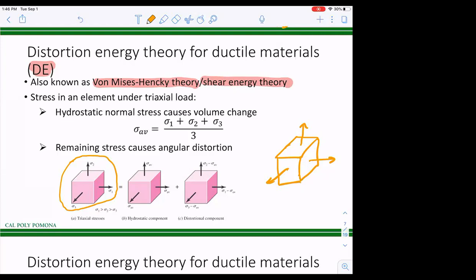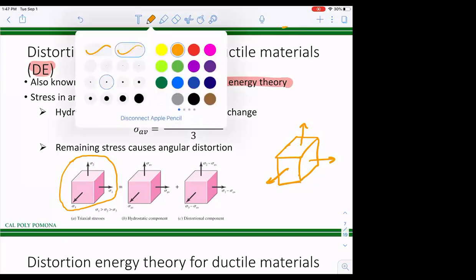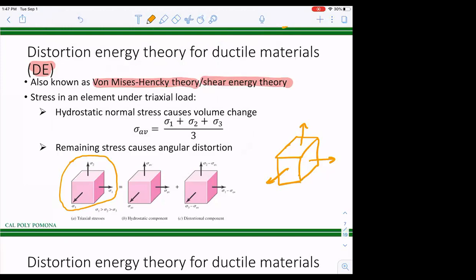But at this orientation, I did not draw any shear stress in this box, only normal. That can only mean one thing. The normal stresses here are principal stresses.